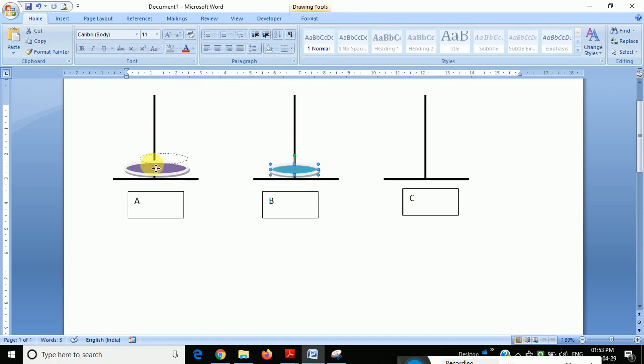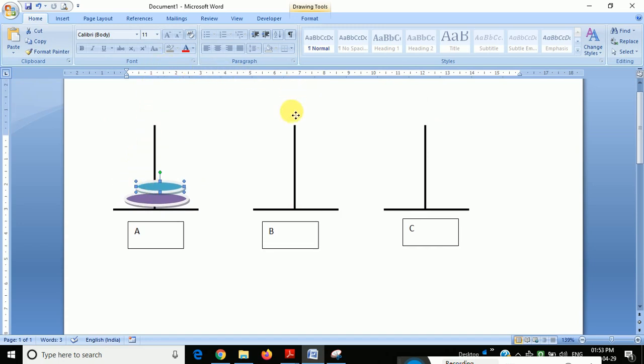We should not move both the discs at a time. We have to move one disc at a time, and one more rule is there. First rule is what? We have to move only one disc at a time, not two discs.